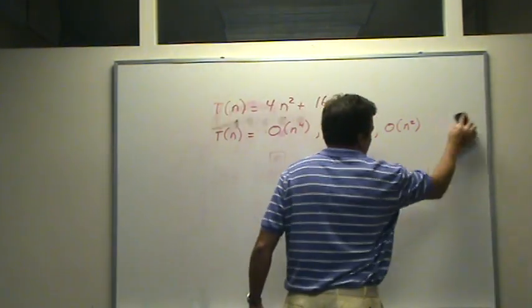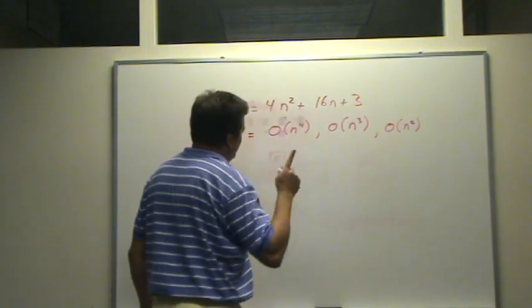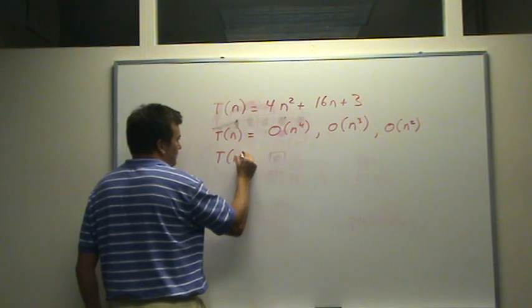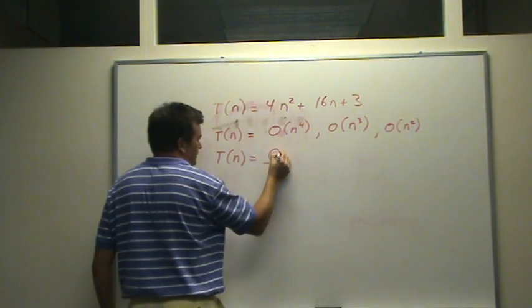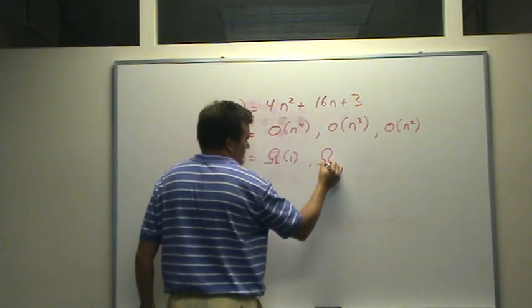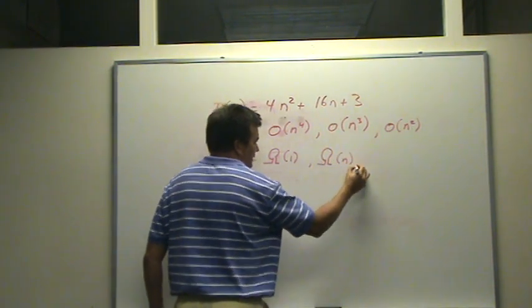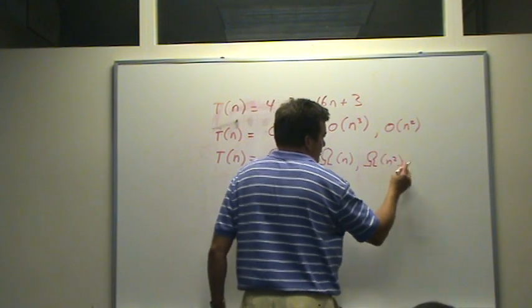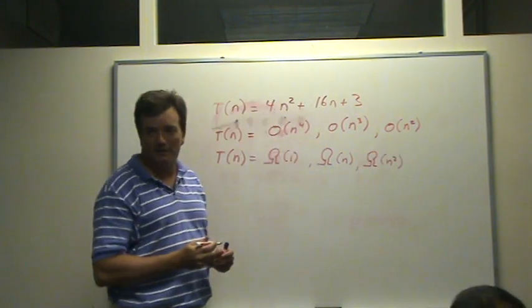So, if we use the omega notation, we would find that this is true. It's omega of 1. It's omega of n. It's omega of n squared, but it can't get higher than n squared.